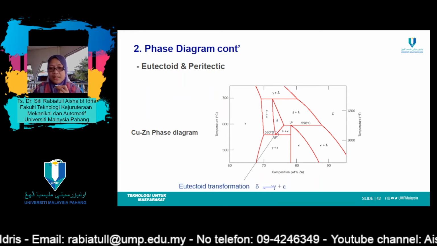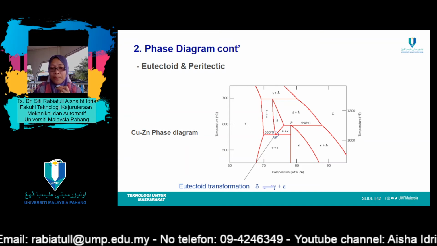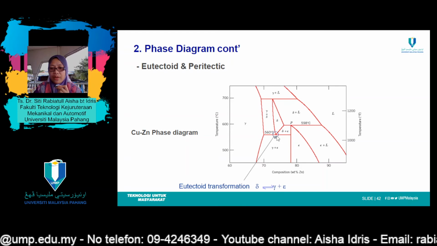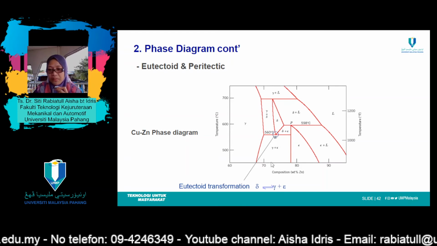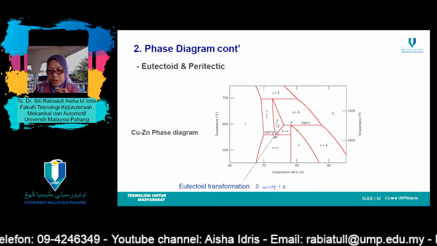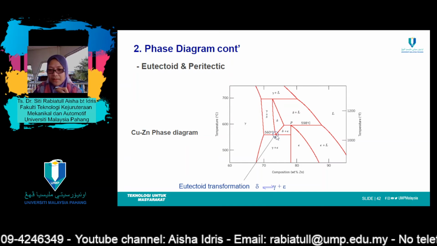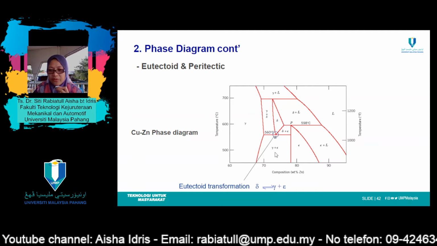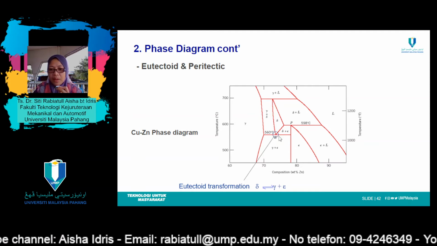so this is the copper zinc phase diagram, and this one is referring to eutectoid transformation. You see, this is a delta passing through eutectoid line, the eutectoid point, and forming gamma plus epsilon there.